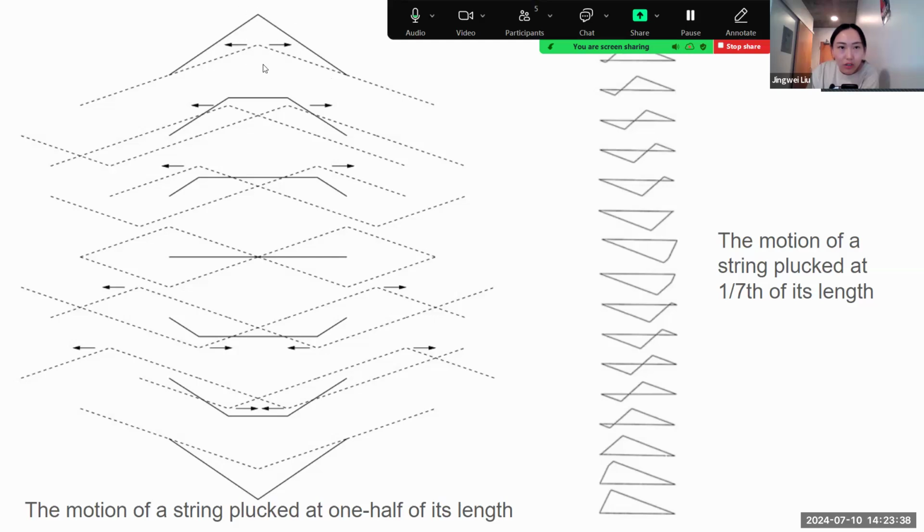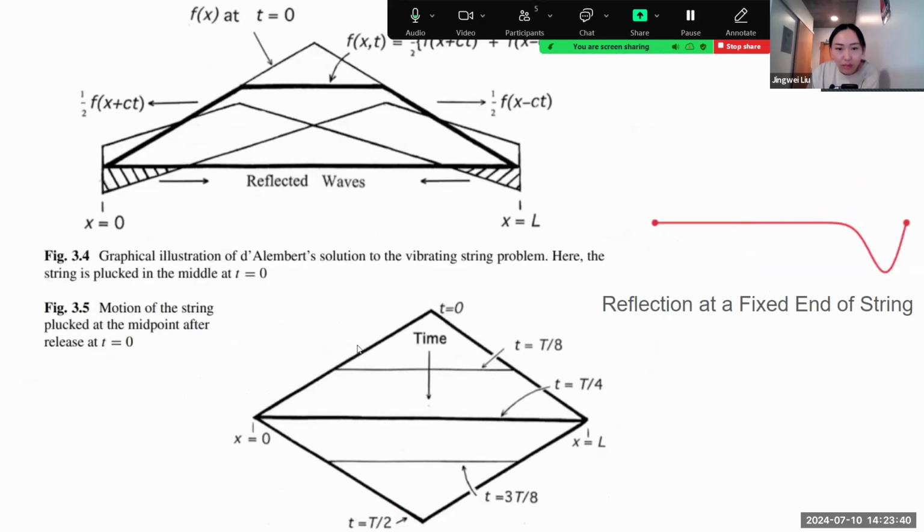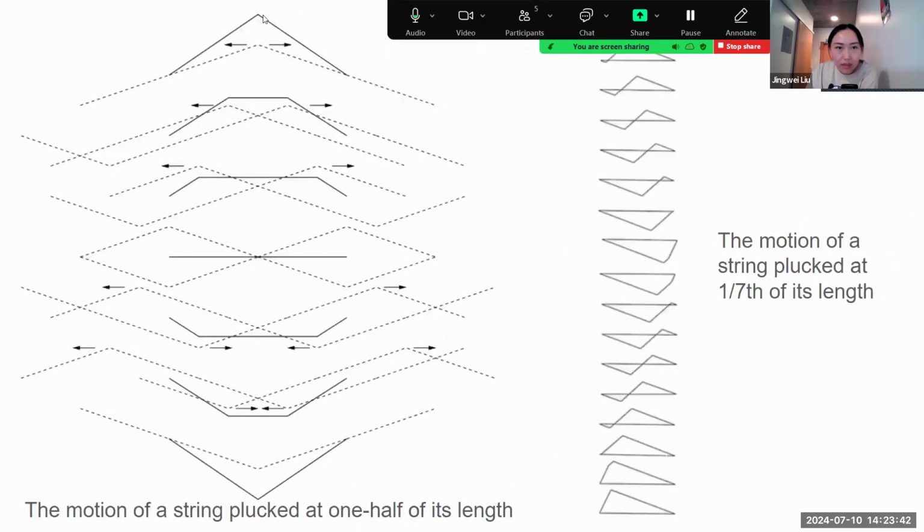Okay, so this condition is exactly the same as this one. And this is the time equal to 0. And after some time, the wave will be deformed like this and like this. And then at some point, it will be flattened. And then the two waves will be reflected. And so the position will be lower than the equilibrium.